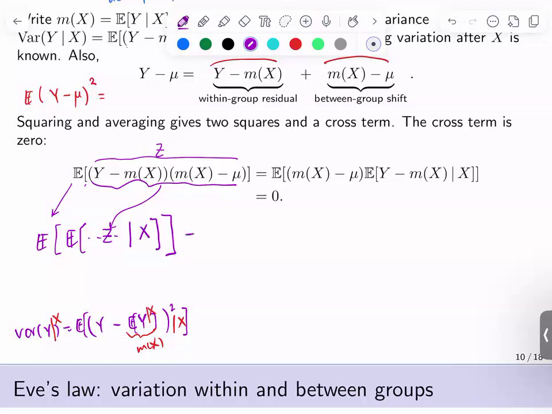Now if I plug in, I get the expectation outside, and then inside I have y minus m of x times m of x minus mu, conditional on x.